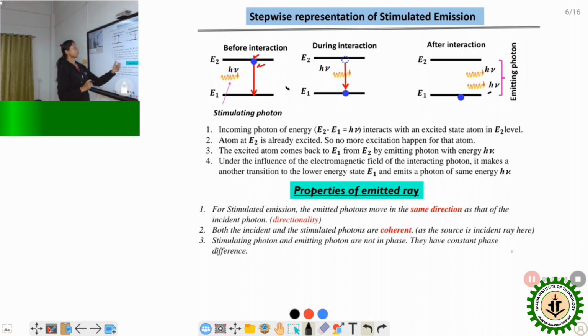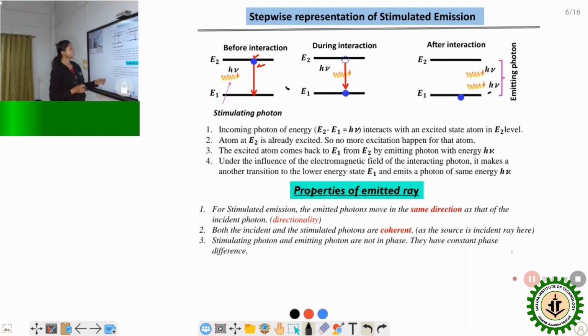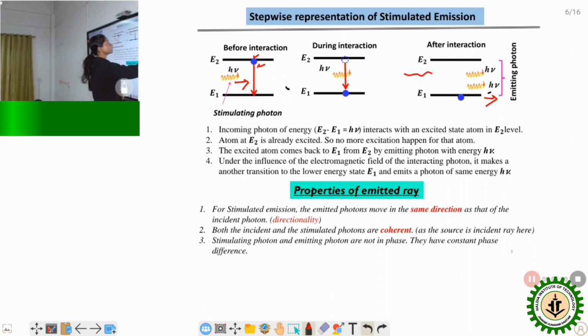What are the properties of stimulated emission of radiation? This is radiation with energy hν, and obviously we can see from the schematic there will be two photons with the same energy. First, they will be highly directional. It means that the incident photon is falling in this direction and the emitted photon is also emitted in the same direction.